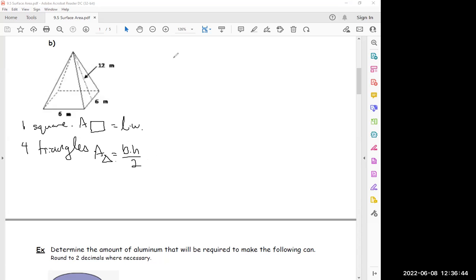Okay, let's do the easy one. Area of the square, base length times width. Yep. 6 times 6, which is 36. Good. Okay, careful. When we're talking about the triangle, I am not talking about the height of the pyramid.